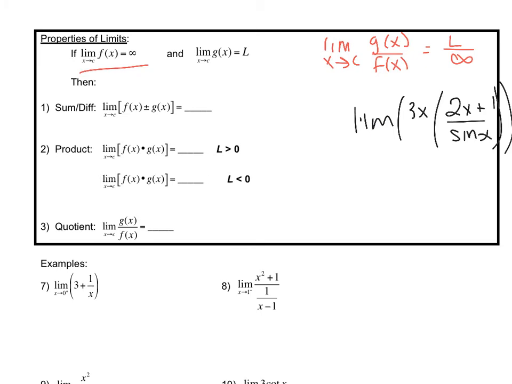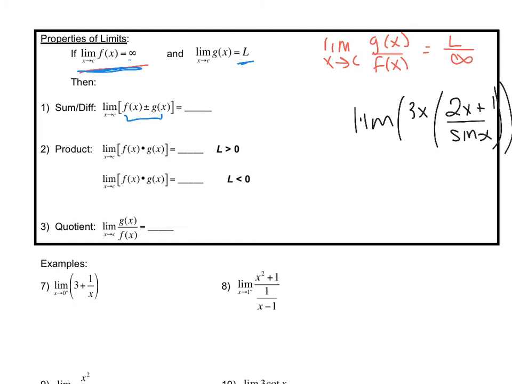Okay, so again, our situation right now is if the limit of f of x is infinite and the limit of g of x is some real number, then when I'm finding the limit of f plus or minus g of x, what I'm really doing is taking this infinite limit and adding or subtracting the limit of g of x, which is some real number. So think about it.